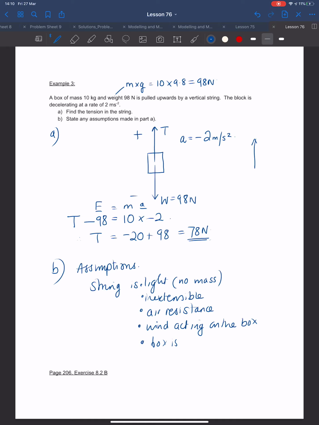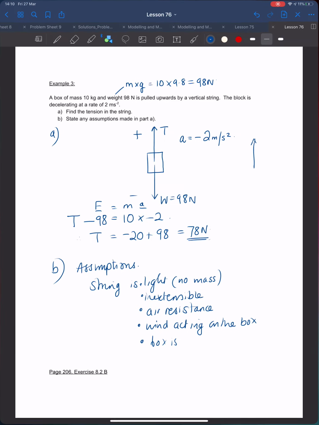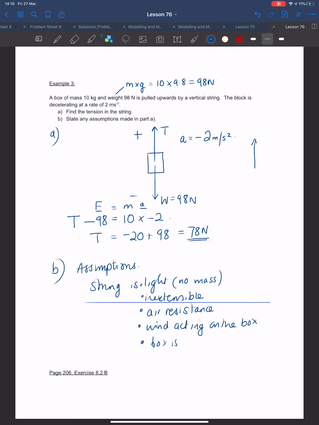Now let's get this right. Those ones are the assumptions about the string. So the conditions are that we've got no air resistance or wind acting on the box, and also the particle idea.